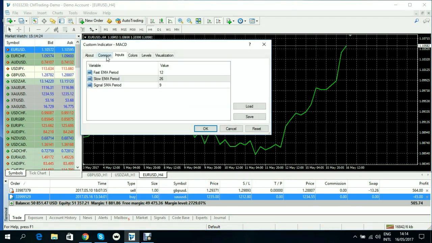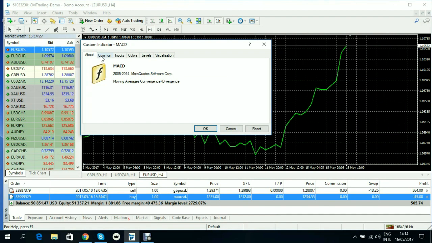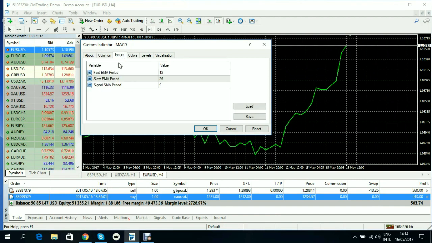On common, allow external imports, and then under input, the fast exponential moving average period should be 12, the slow exponential moving average period should be 26, and the signal simple moving average period should be 9.